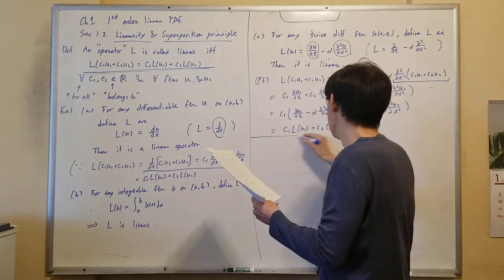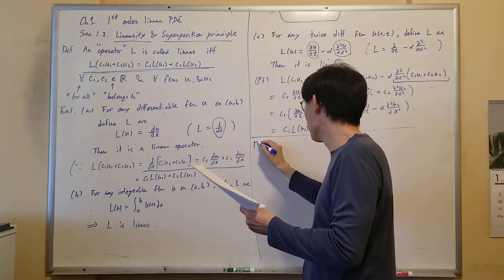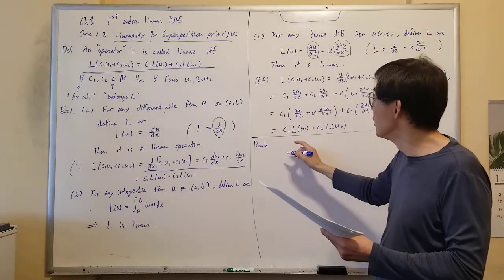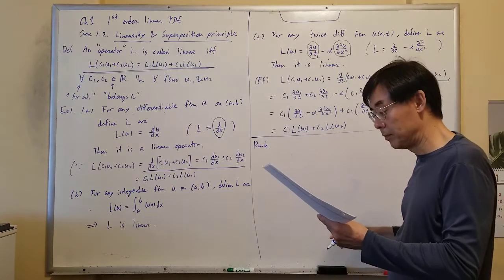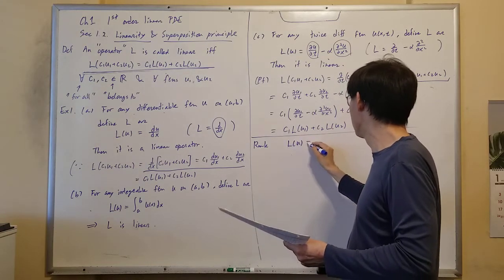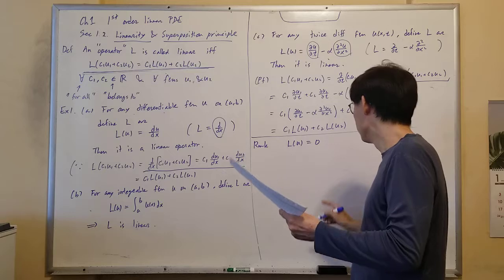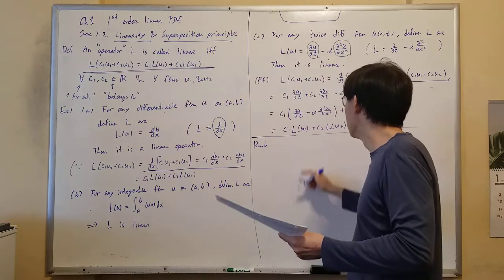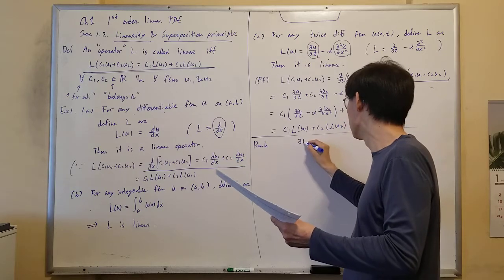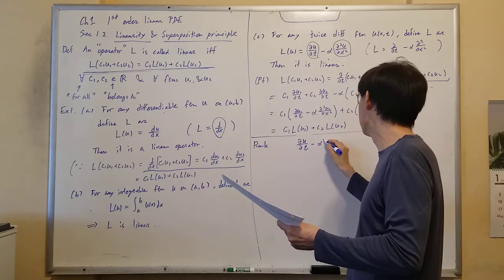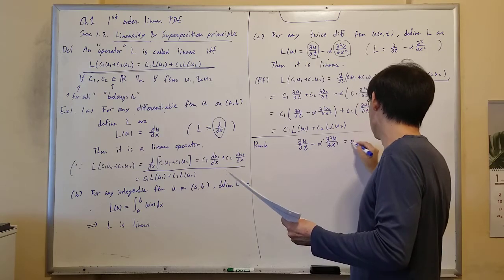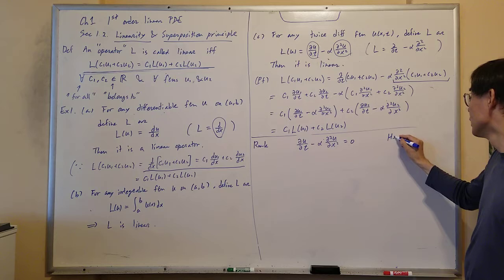Now, if you look at the remark, for this one, L of u equals 0. We learned in the previous section, partial u partial t minus alpha partial squared u partial x squared. That was a heat equation, right?